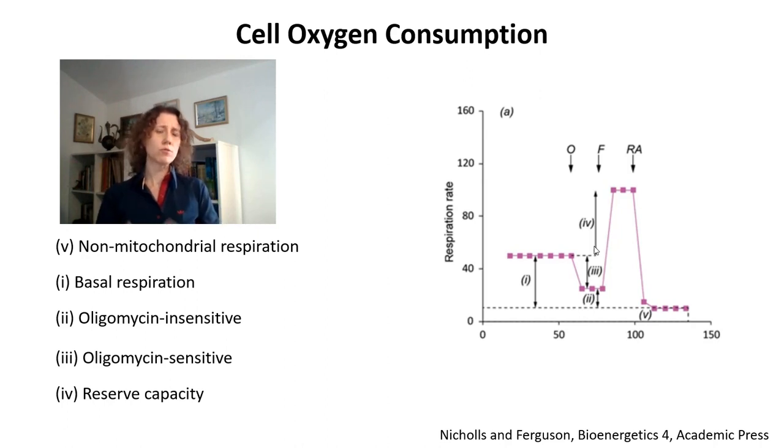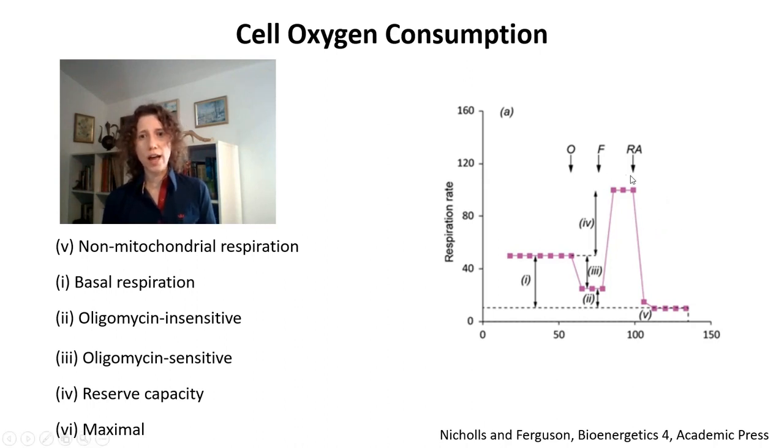And actually, reserve capacity has been linked under many situations in the literature to an ability to respond to stressful situations. Cells that have higher reserve capacity are more able to respond to stressful situations, probably because they can increase their ATP production more efficiently under this condition in which they need to increase their respiration and ATP production.